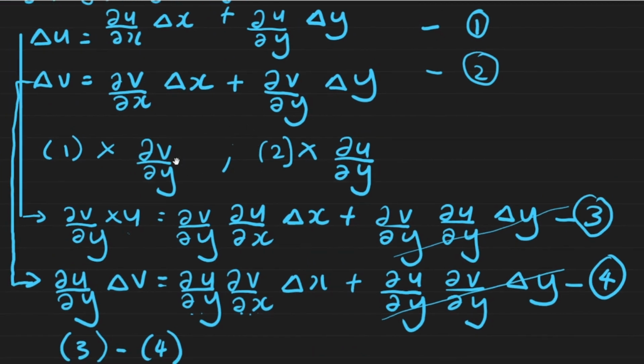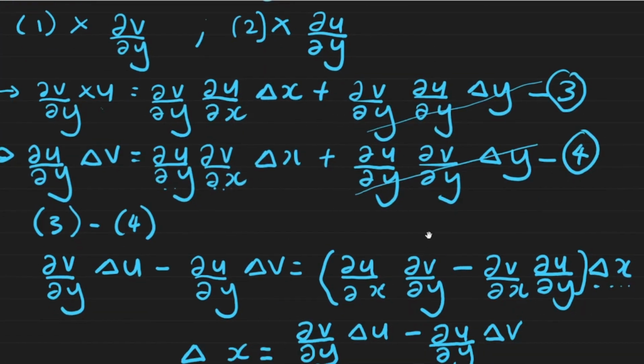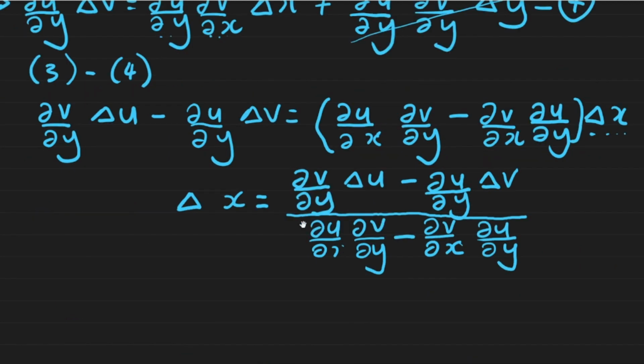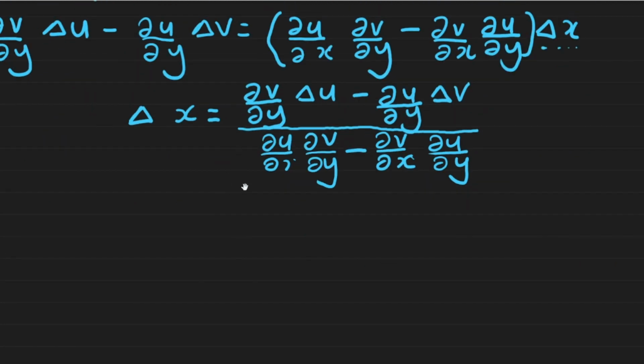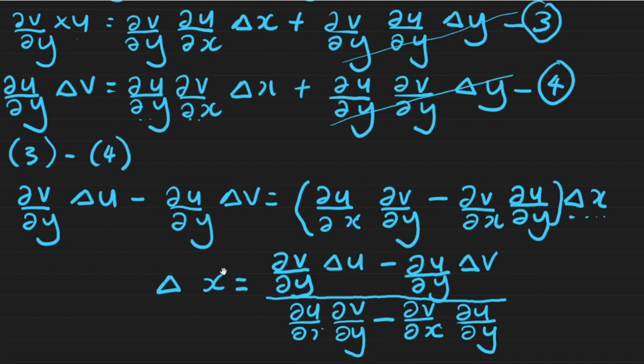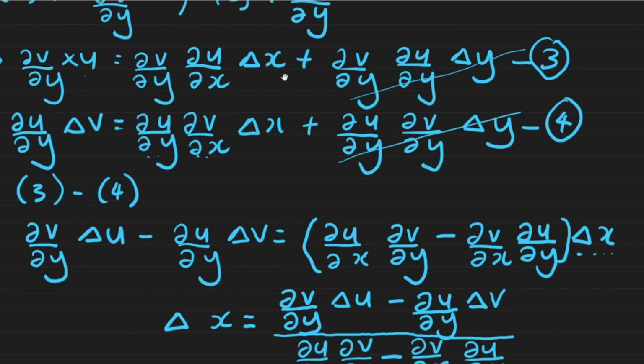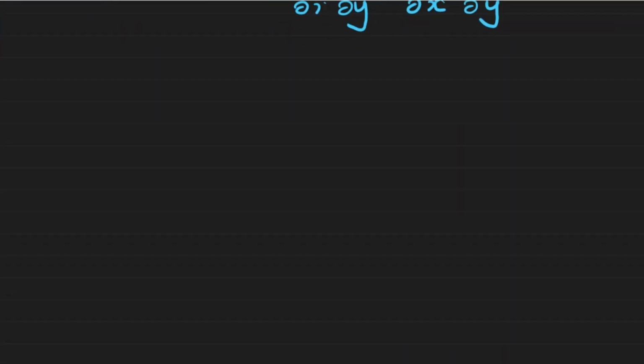We would multiply by dv/dx instead of dv/dy, and by du/dx. We multiply equations 1 and 2 by those two things and repeat the exact same process, to express this in terms of delta y. So in equations 3 and 4, when we subtract, instead of the delta y's cancelling off, what will cancel off is the delta x. It's a simple matter, and I expect you'd be able to do this part.